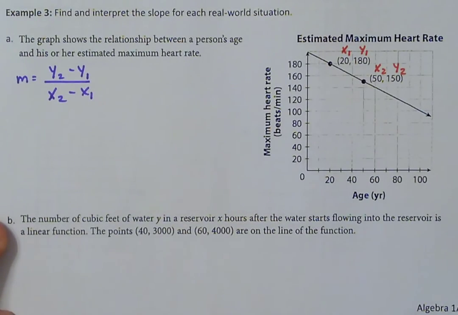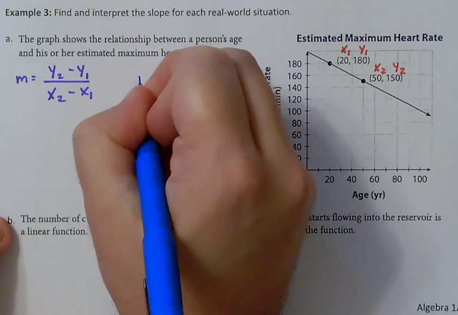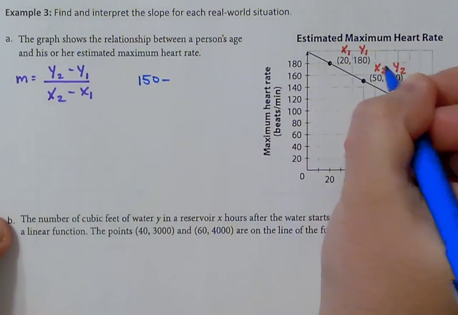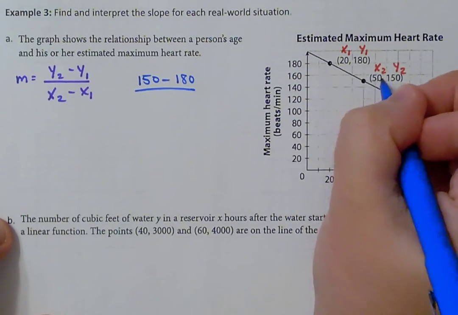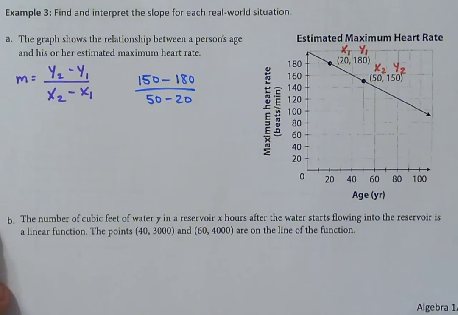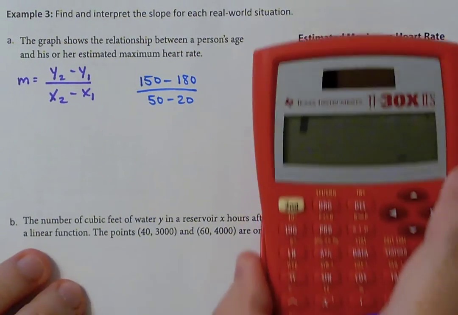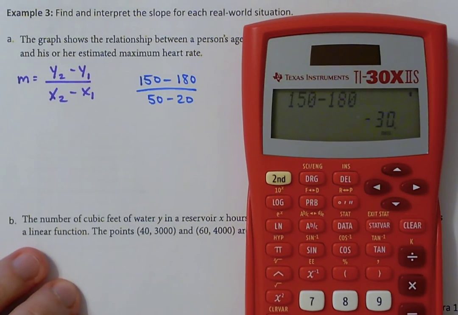So using my slope formula, we're going to go through and figure out our slope. So it's going to be 150 minus 180 over 50 minus 20. So I've done y2 minus y1 over x2 minus x1. If I do 150 minus 180, I get negative 30.